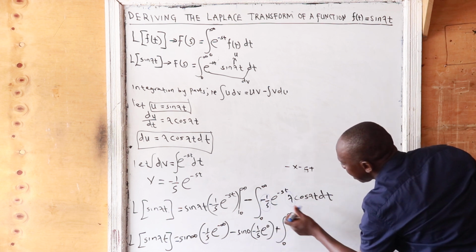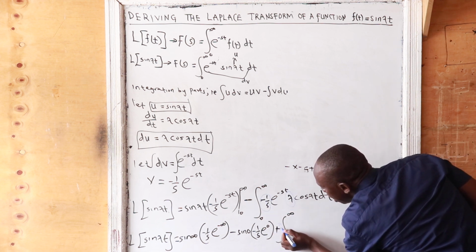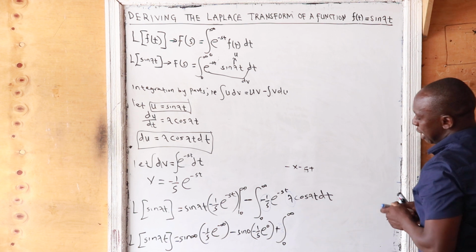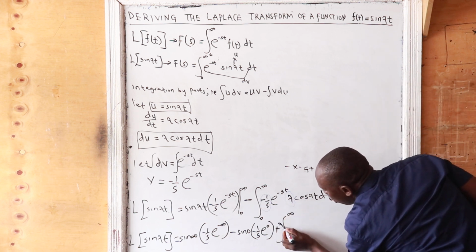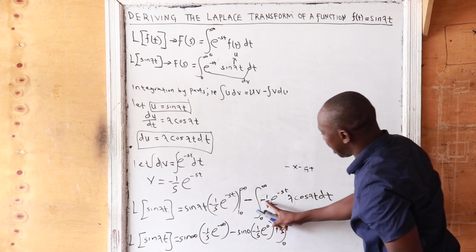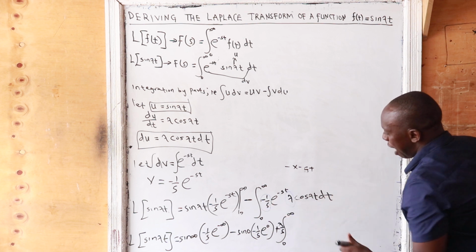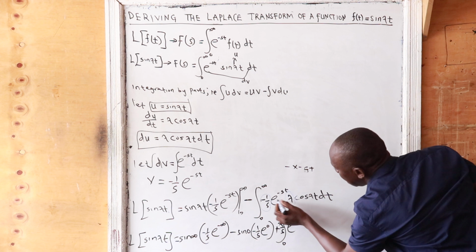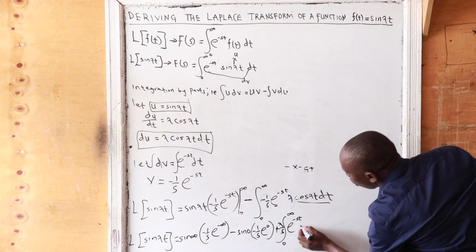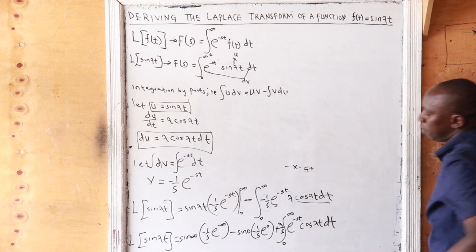Lambda times 1 over s, these are constants. Constants are always outside the integration sign. So lambda times 1 over s, we get lambda over s as our constant, which is taken outside the integration sign. So we remain with exponential minus st cos lambda t with respect to t.